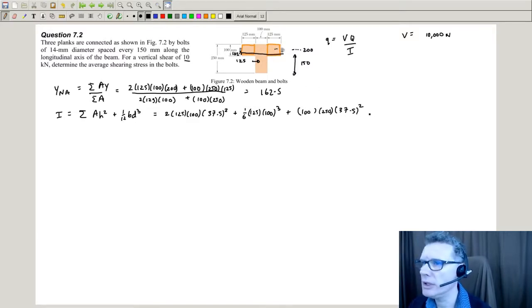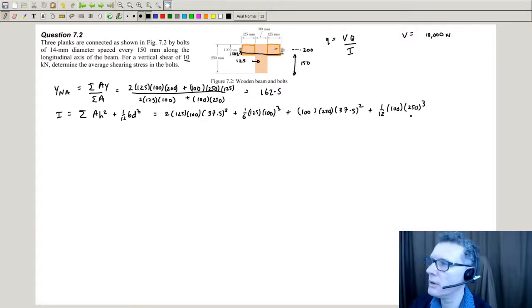Now let's do the 1/12 b d to the power of 3.